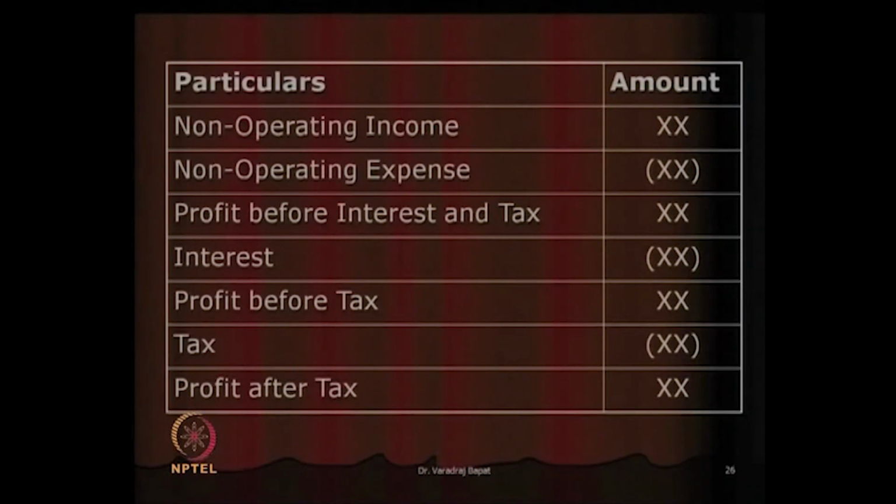Now, what is a non-operating expense or income? For example, I am a dealer in stationery. I do not deal in, let us say, furniture, but suppose I sell off my old furniture and there is a lot of loss. Should that loss be clubbed with my stationery business? It should not be.